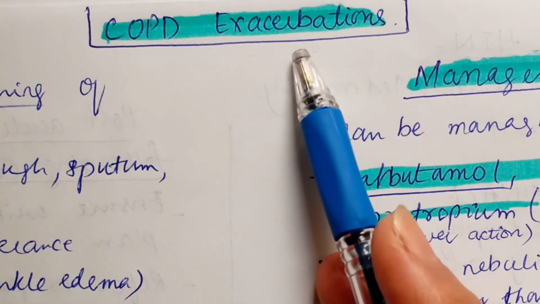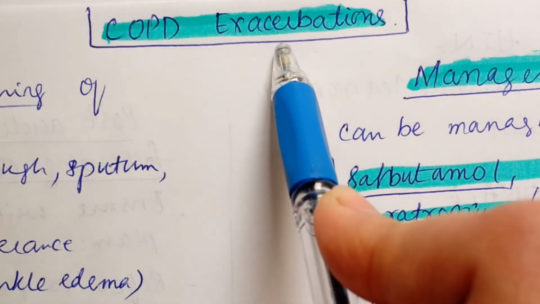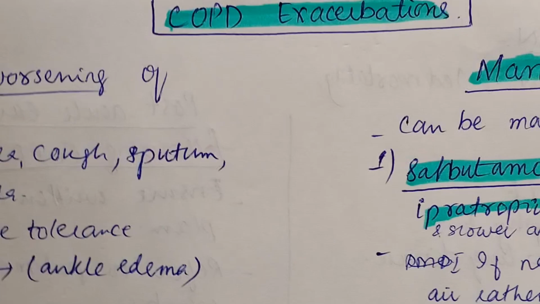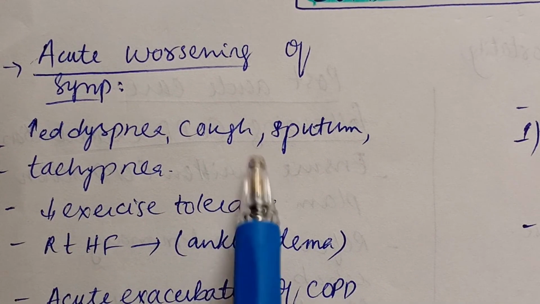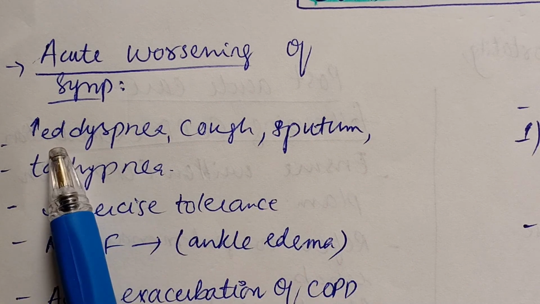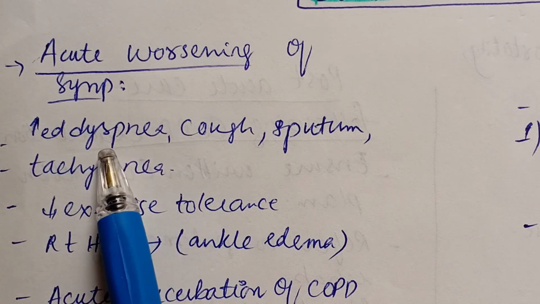So how are we going to diagnose that the patient is having COPD exacerbation? Acute worsening of the symptoms of COPD. That is, the patient is having increased dyspnea and increased severity of dyspnea.